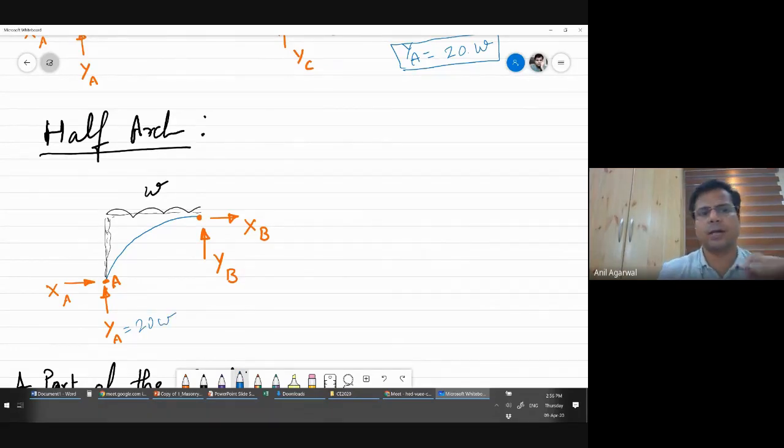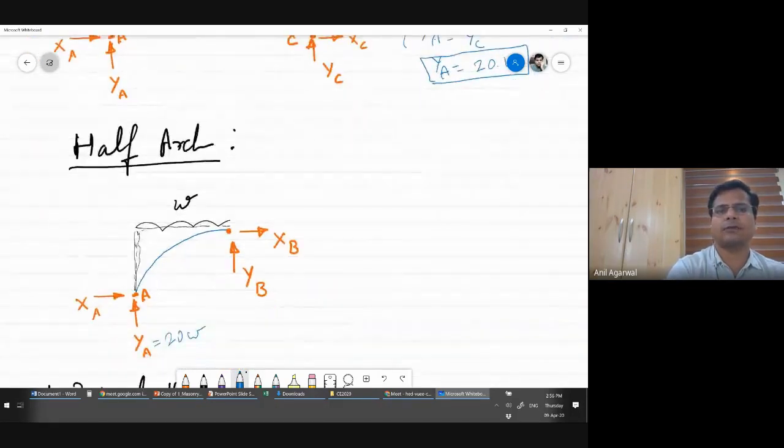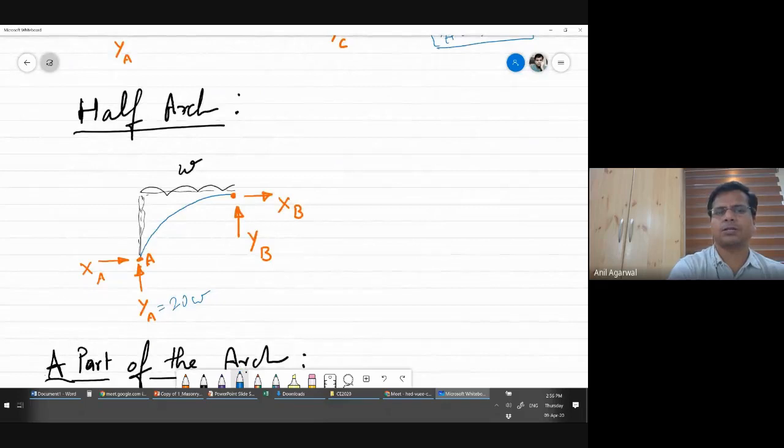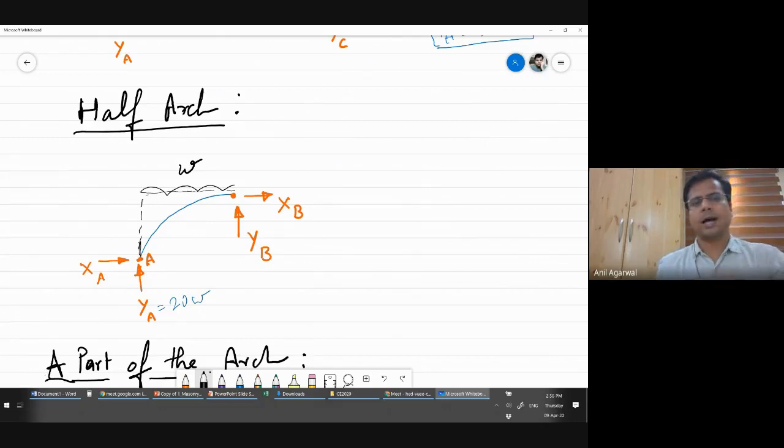Now, if I look at the half arch, so basically what I've done is I have first solved the free body diagram of the entire arch. Now I've taken half of the arch, only this half. In this half of this arch, there are again 4 possible forces, right?